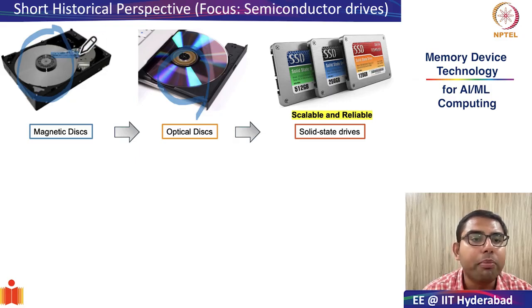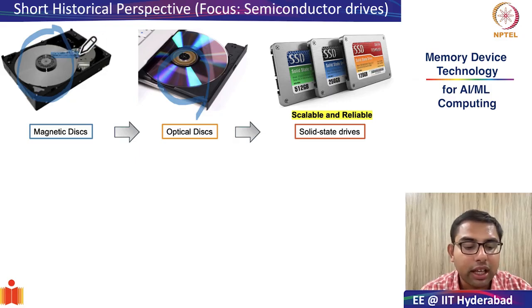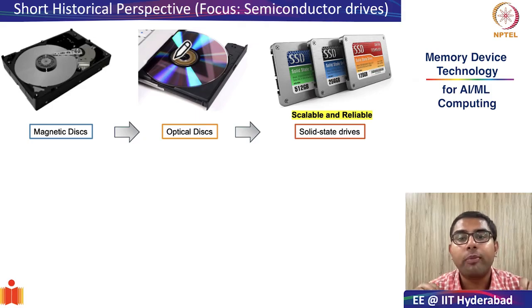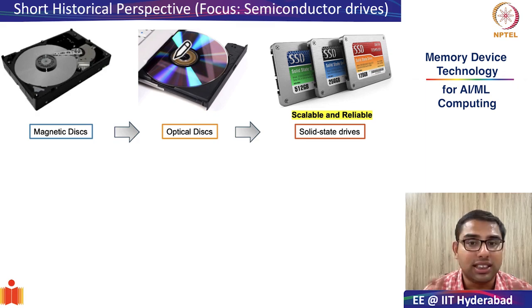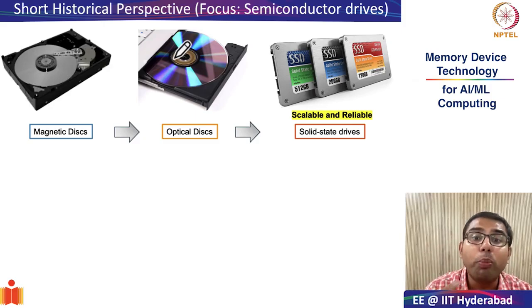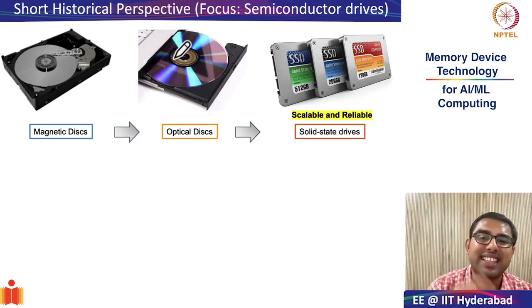This is the mechanically moving read-write head, which I have just indicated. Whereas the optical disc also had a rotating part. However, your solid-state discs are entirely based on the manipulation of electronic fields or electrical fields, and therefore they do not require any moving parts. This makes them very reliable because there are no mechanical moving parts, and very scalable.